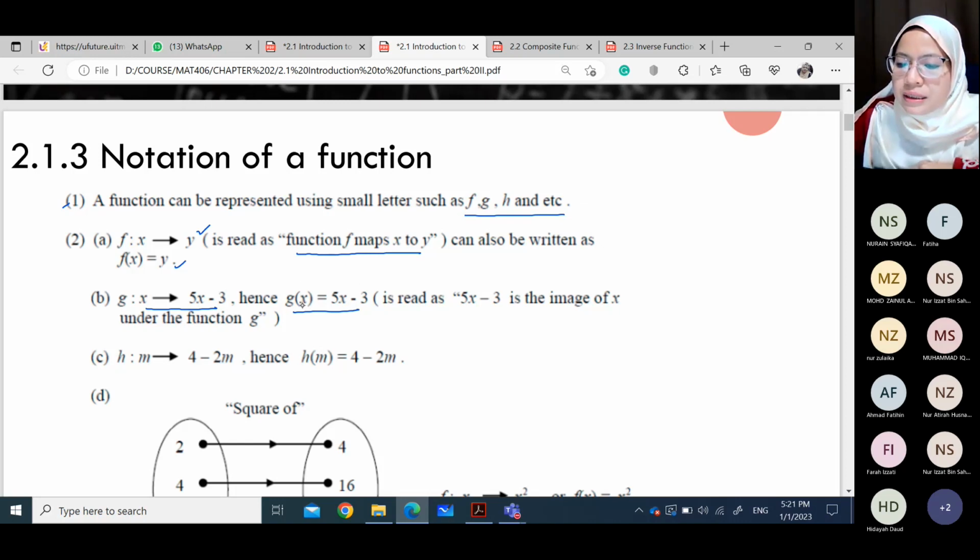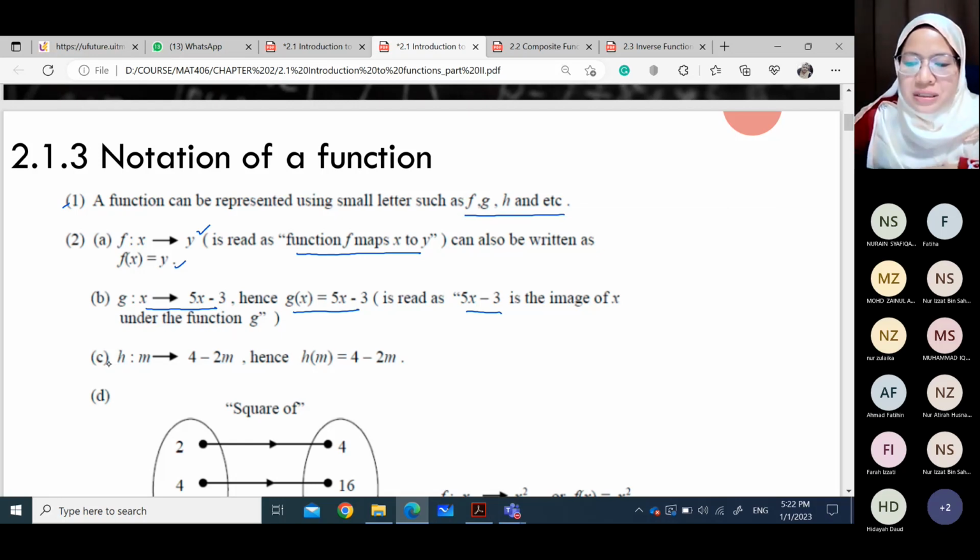Okay, so maknanya sini function G adalah 5X tolak 3. Ataupun kita boleh sebut dia sebagai 5X minus 3 is the image of X under the function G. Okay, dia banyak sebutan lah. So you can say mana-mana yang you rasa mudah lah.